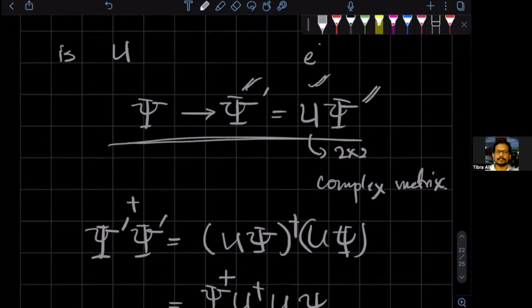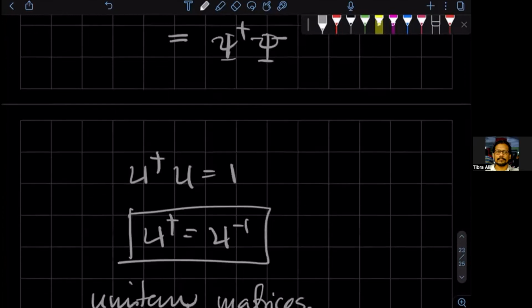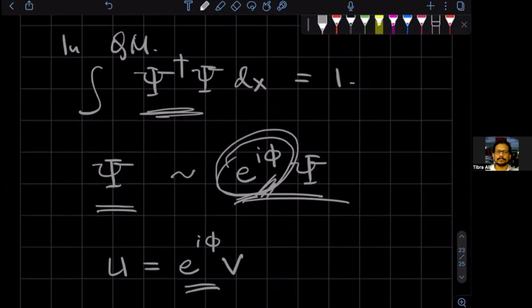U can be written as e to the power i phi times V, but this factor has no significance, so we might as well set it to 1.